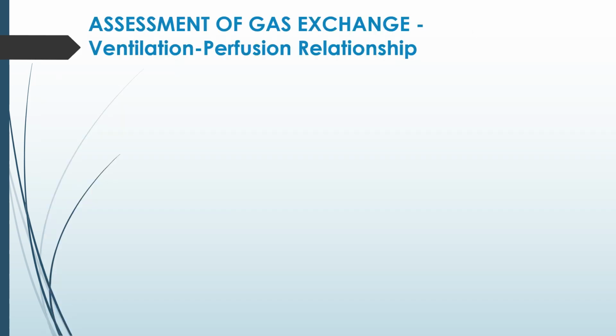Moving on to the assessment of gas exchange, to start with the ventilation perfusion relationship. Even under normal conditions, the inspired air is not distributed evenly. You all know that. In erect posture, the resting ventilation per unit volume of lung is greater at the bases than at the apexes.